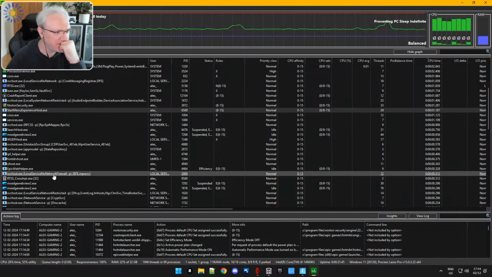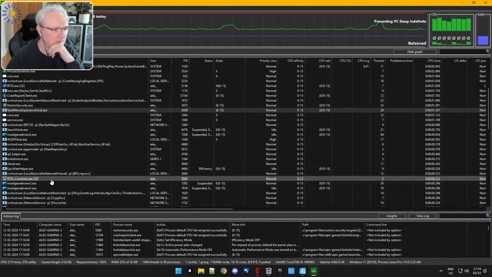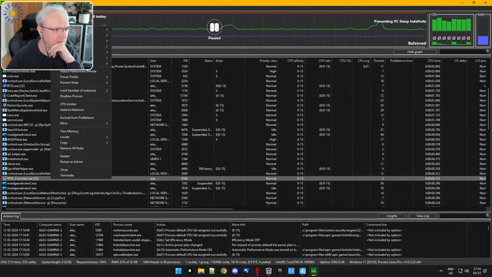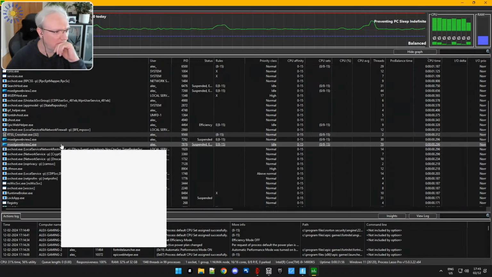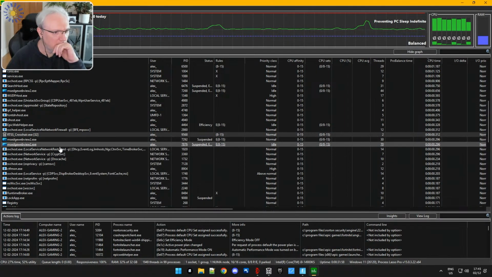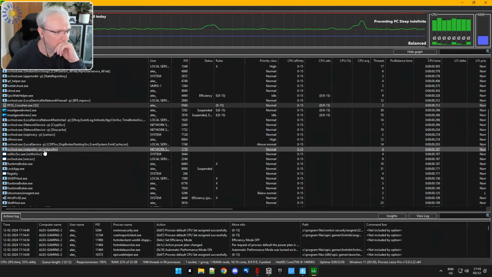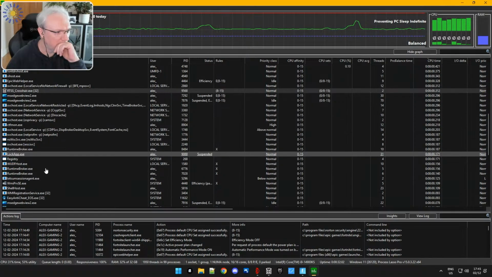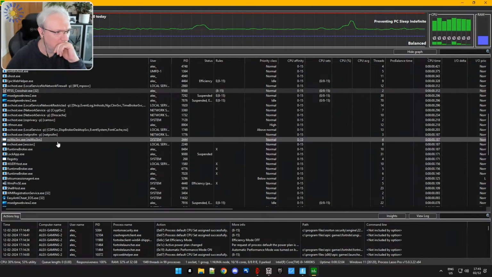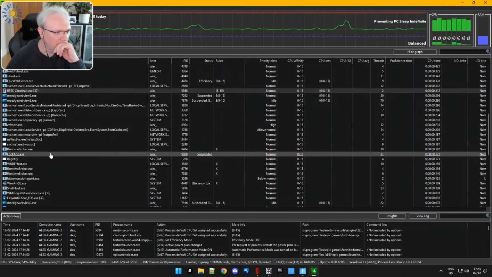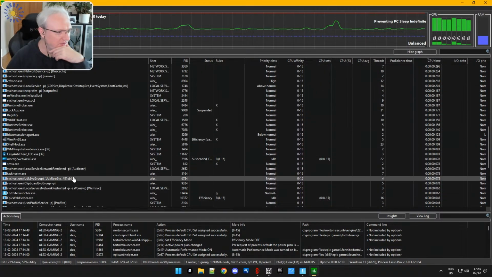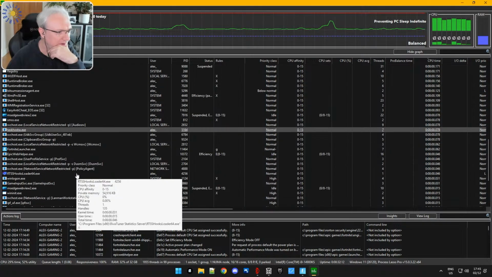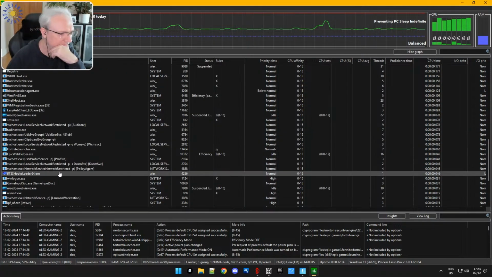I wonder what that one's for. That can run on eCores. Everything else is hardly using any CPU, so it's not a big deal moving it.